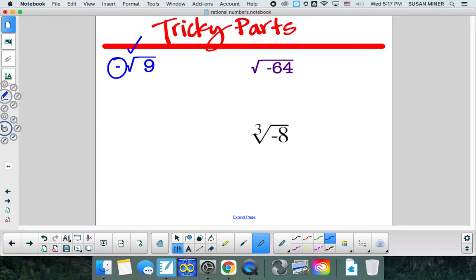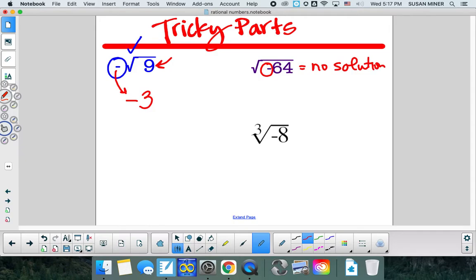The way that it works is I'm going to take the square root of whatever number is here, in this case 9. So I take the square root of 9 and get 3, and then I make it negative. So when the negative is on the outside of the radical, it's just saying it's a negative square root of a number. When the negative is on the inside of the square root, this is no solution.